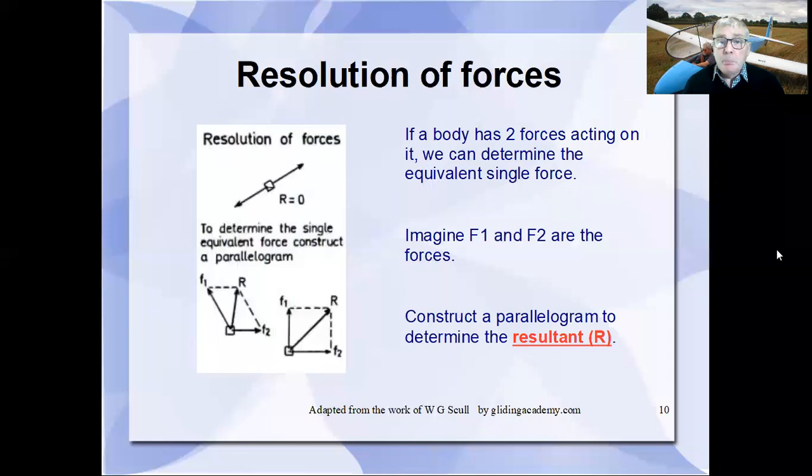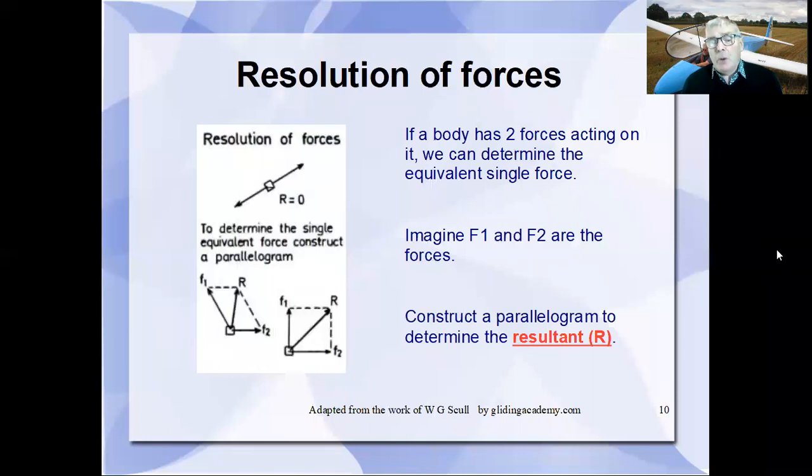So we've got things pulling it in two directions, and we can create a little diagram to work out exactly where that object's going to move. If you look at the top diagram here on the left, you can see that the object is being pulled in two exactly opposite directions by two exactly equal forces, and the net result is it doesn't move. So the resultant is zero. In fact, in this case, there's no movement.